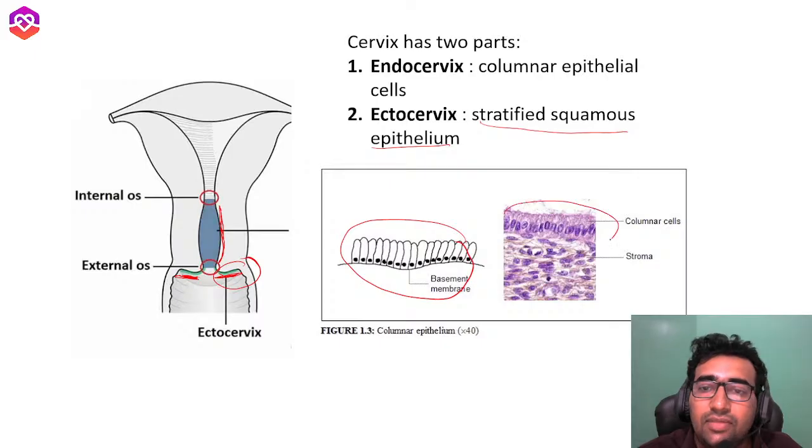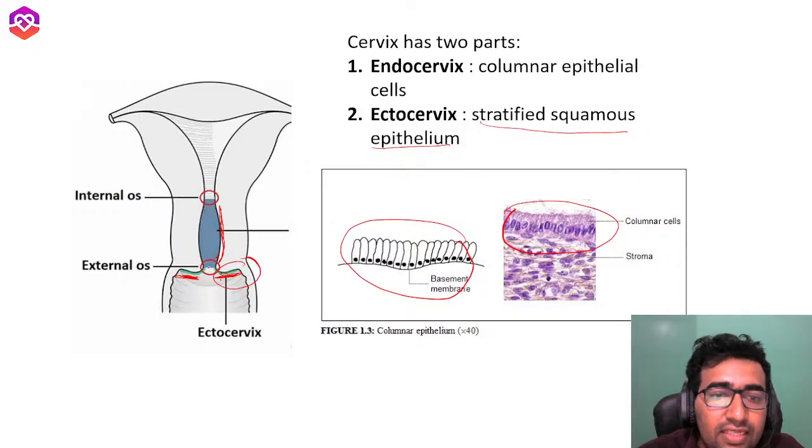You can see the columnar epithelium of endocervix. So there will be a squamo-columnar junction in between ectocervix and endocervix.